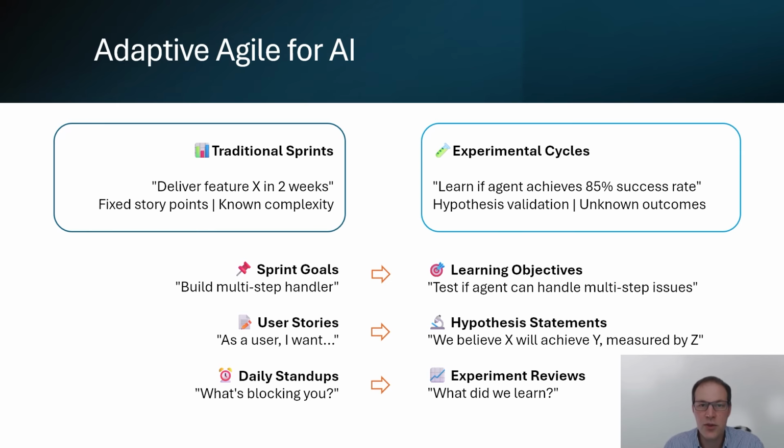Instead of committing to features, commit to learning objectives and hypothesis validation. Your sprint goals become: determine if the agent can handle multi-step issues with an 85% success rate, not implement multi-step handling. And here's something teams always discover too late. One of the core capabilities isn't what the agent does, it's being able to answer the question about what the agent can do.